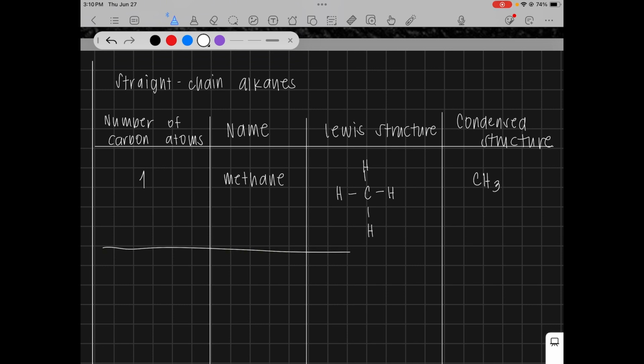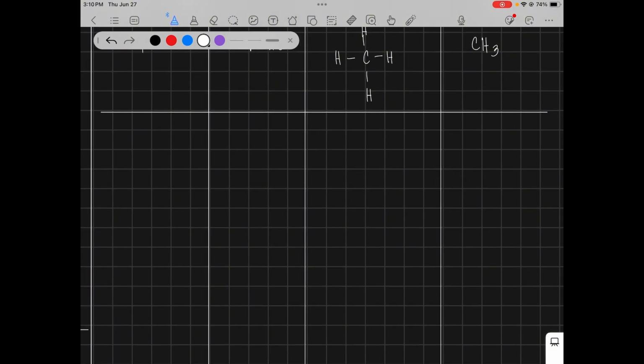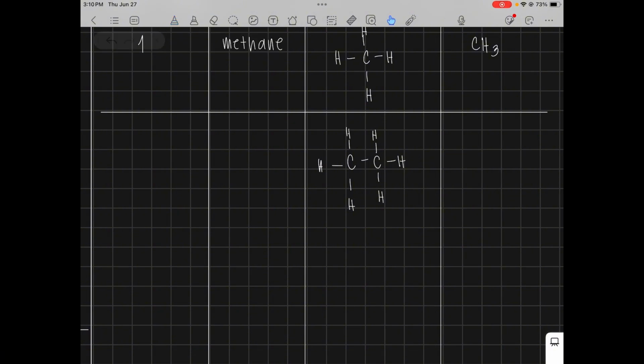Next. For the next one, this is ethane. As you can see, we have here 2 carbons. So put 2 here. And then the name, it's ethane.